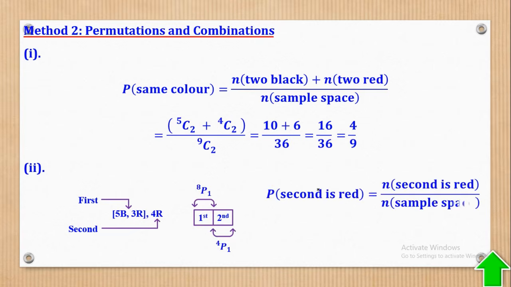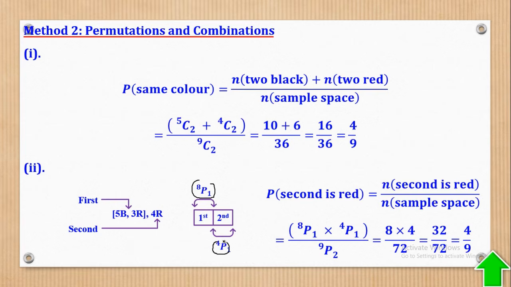Therefore, the probability that the second one is red is equal to the number of ways of second red over the sample space. Second red will be this times this, which is here, over the total, which is 9, because like I told you, we have 5 black and 4 red, so the total is 9.